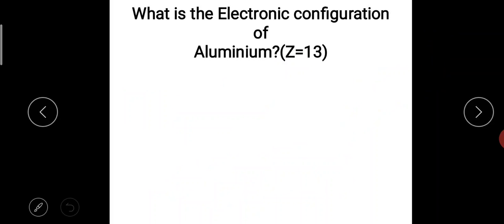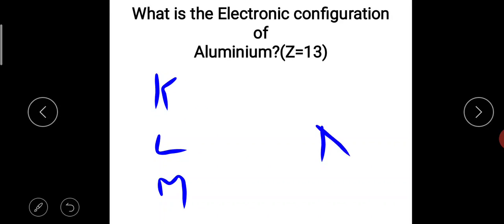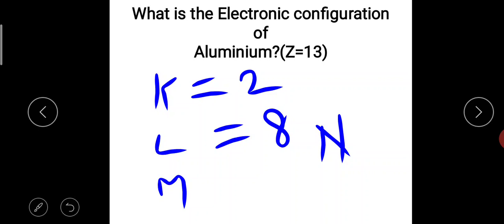Now let us identify the electronic configuration of aluminium. For aluminium, Z is 13. Z represents the atomic number, which is 13. So you write K, L, M, N. Now let us start filling. In the K shell, the maximum number of electrons is 2. In the L shell, the maximum is 8. In the M shell, how many could it be? 2 plus 8 is 10, that is already used.